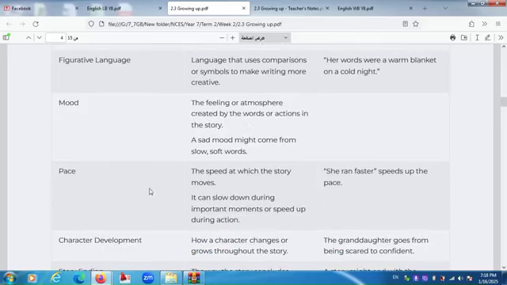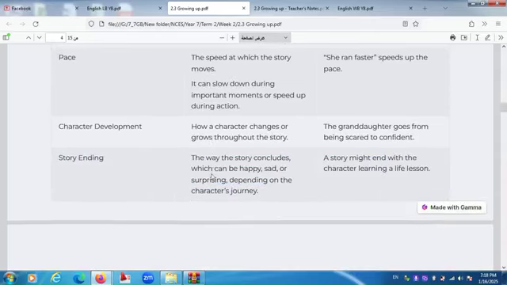The pace is the speed. Pace is the speed at which the story moves. You have fast pace, and you have slow pace. Okay, it depends on the mood you want to create, and it depends also on suspense or tension if you wish to build it or not. So it can slow down during important moments or speed up during actions.